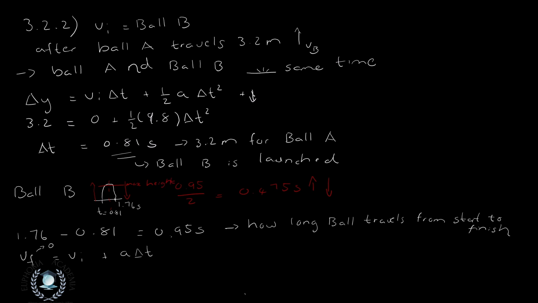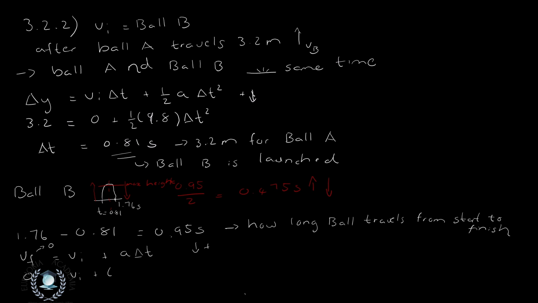Right? Okay, so let's just substitute. We're still taking downwards as positive. Vf is 0, and then our Vi is going to be negative. We don't know what it is, but it's going to be negative because it's pointing in the upwards direction.